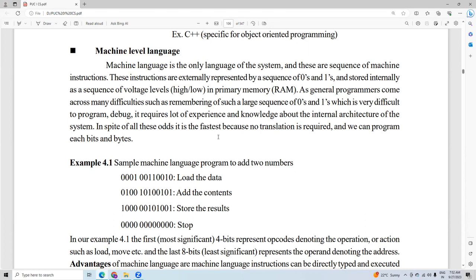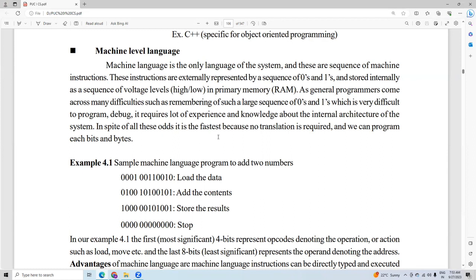It understands only machine language, but externally they are represented in the form of 0 and 1, which are stored internally as a sequence of voltage levels. Last chapter we studied pit and land, clock signal, and how voltage levels are represented in the form of bit and line, digital clock signal.